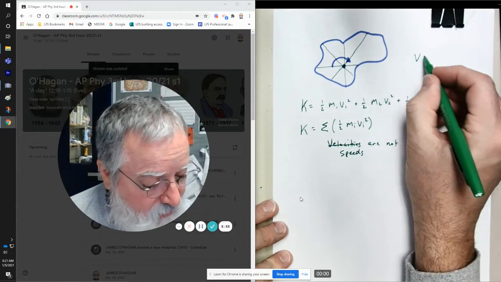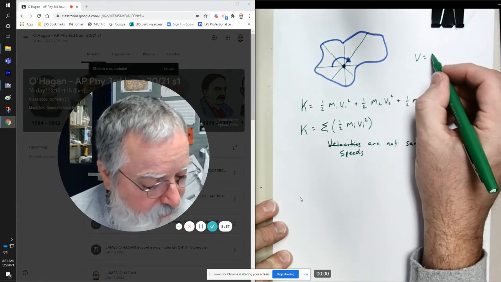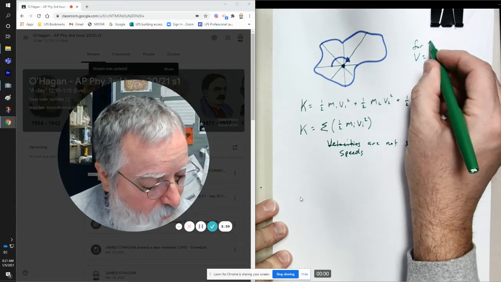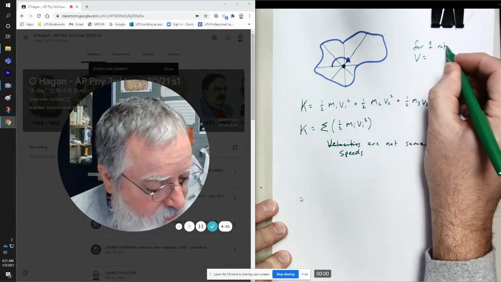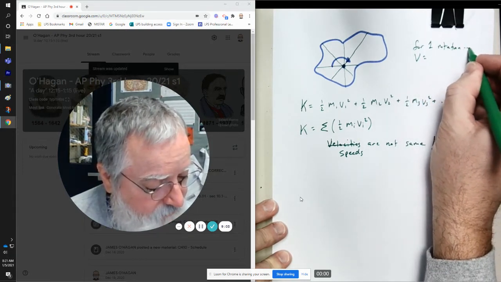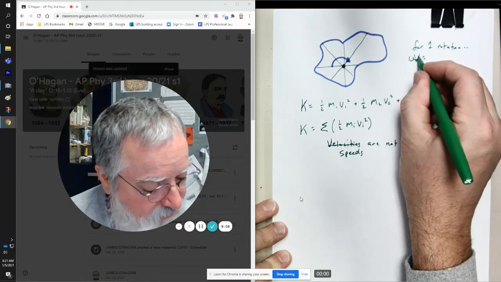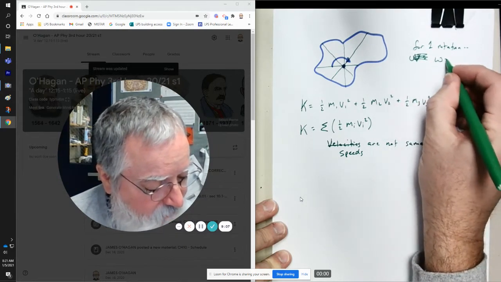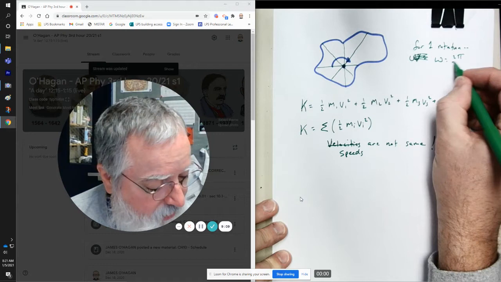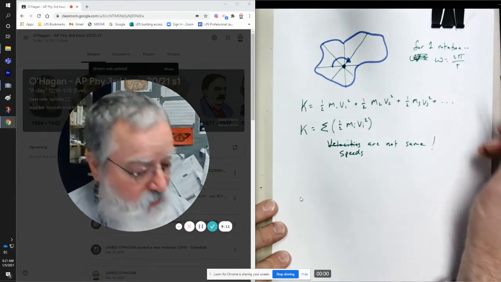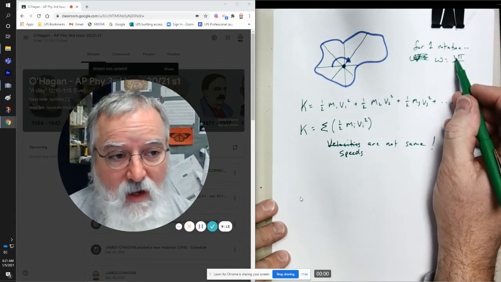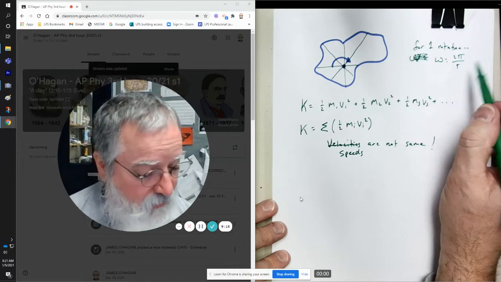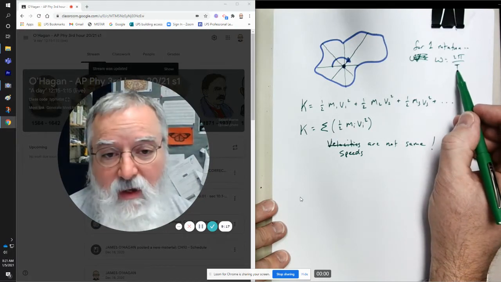So the angular velocity for one rotation is 2 pi over the period. Well, guess what? They're all going once around, they're all going 2 pi for the angle, and they're all taking the exact same amount of time to get around.